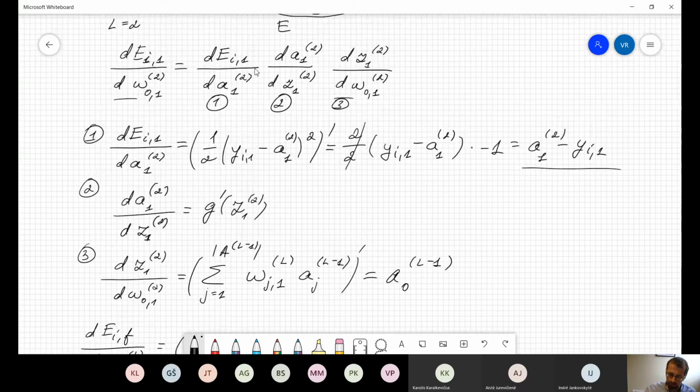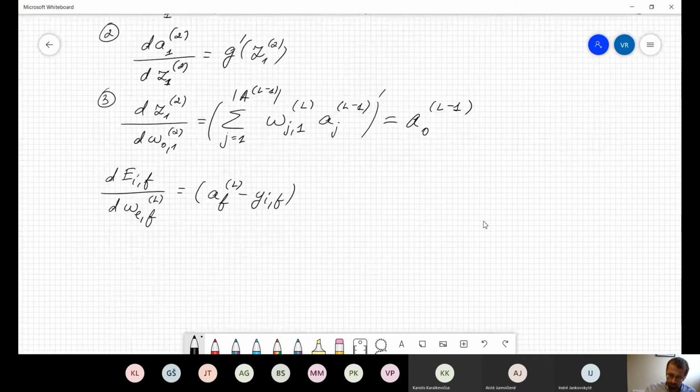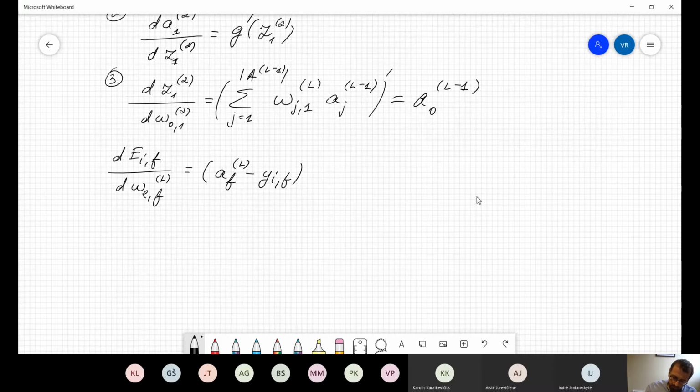Again, I'm just writing for you. This is the first part times the derivative of the activation function on the L layer.